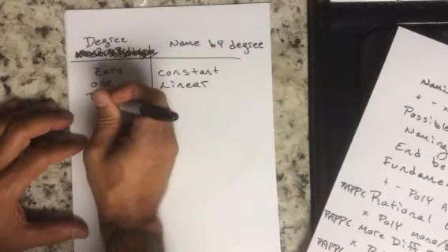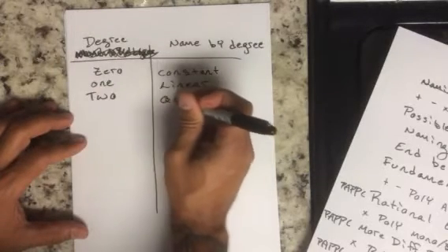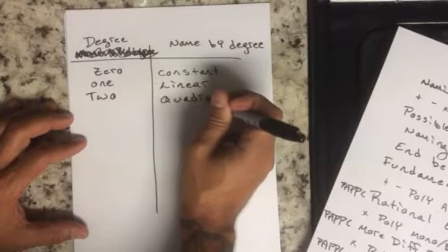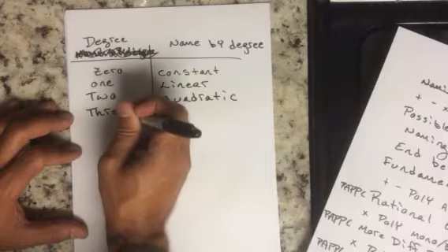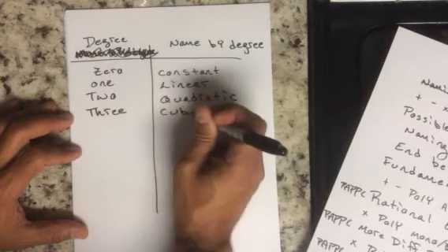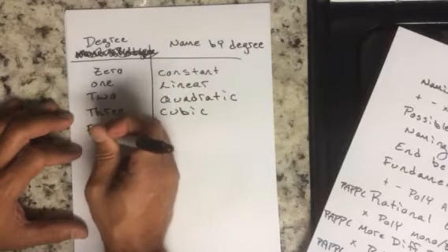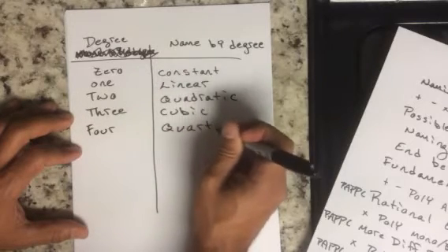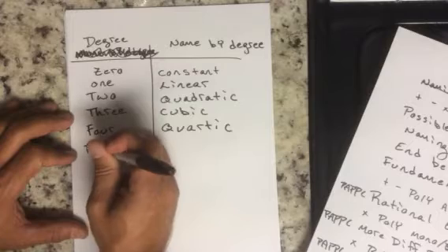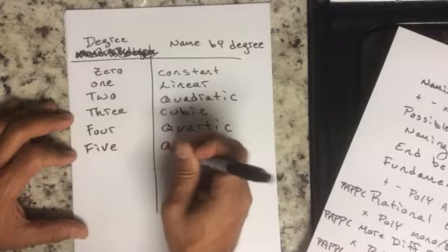Then a degree of 2, which is called quadratic. Degree of 3, which is called cubic. Degree of 4, which is called quartic. And degree of 5, which is called quintic.